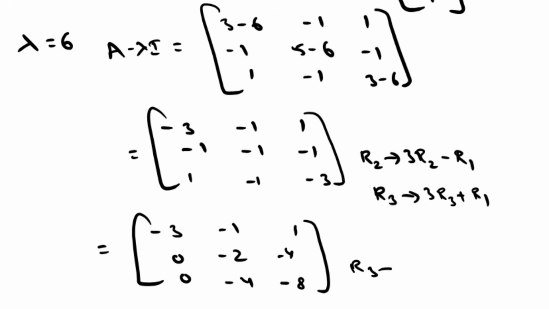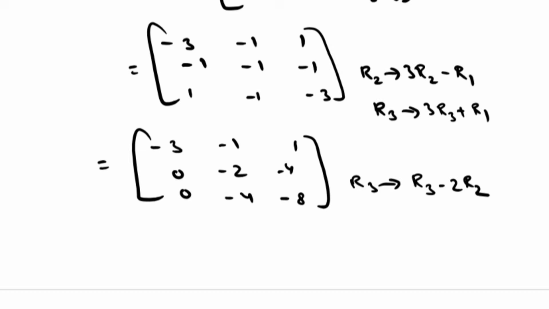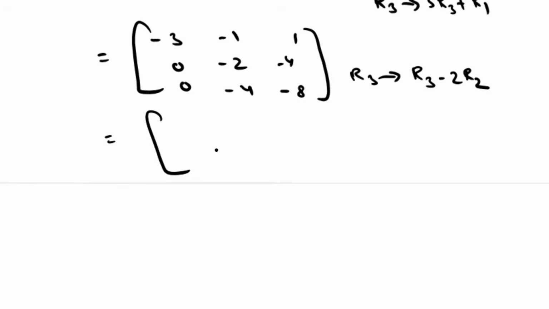Now R3 implies R3 minus 2R2, equals to [-3 -1 1; 0 -2 -4; 0 0 0].